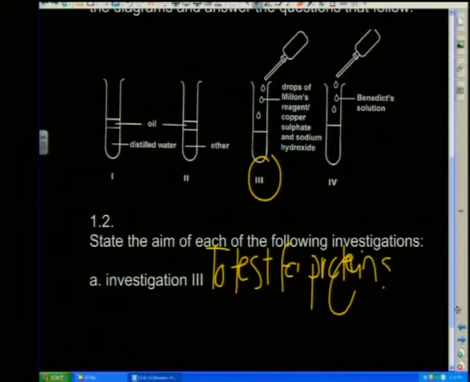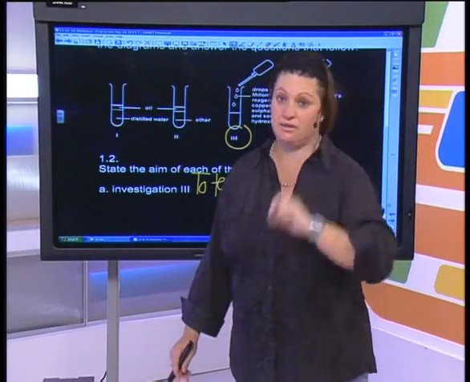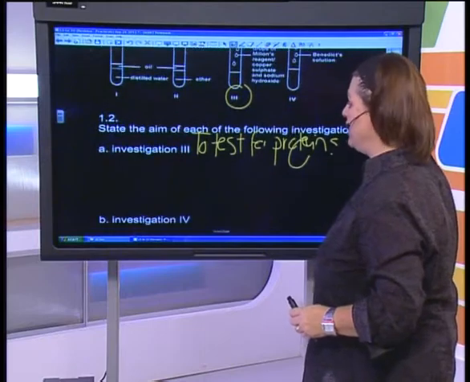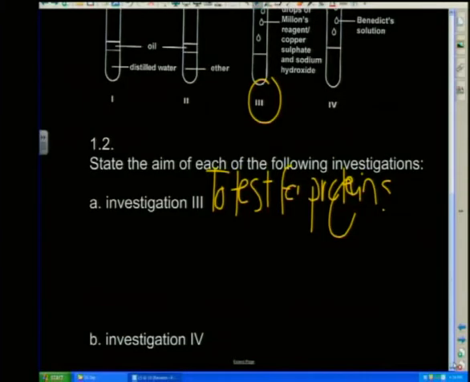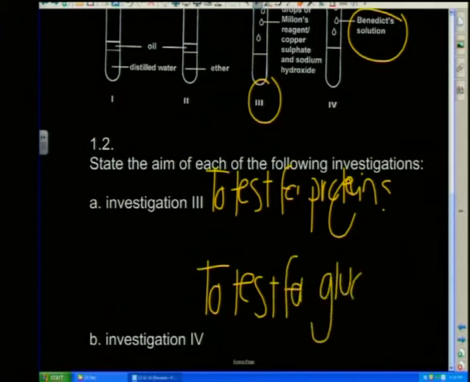Why? Because I saw my reagent. My reagent identified what I was wanting to test for. Then we go over here. Investigation number 4, Benedict's solution. What do we want to test for? Glucose. There we go.